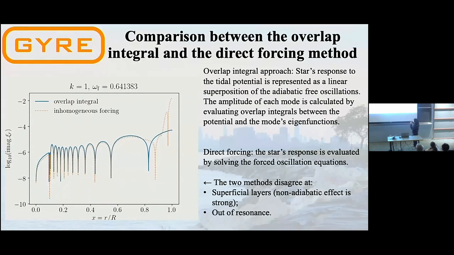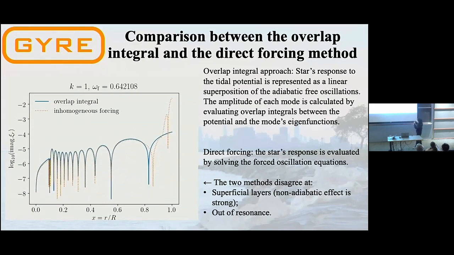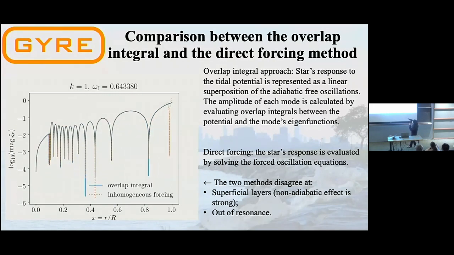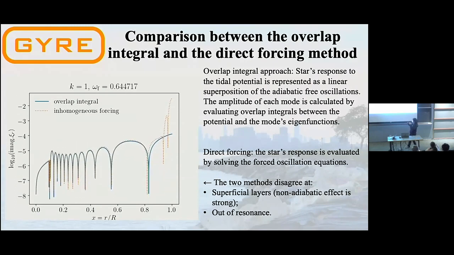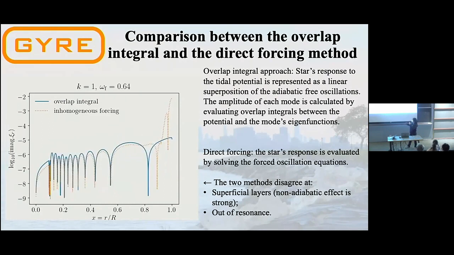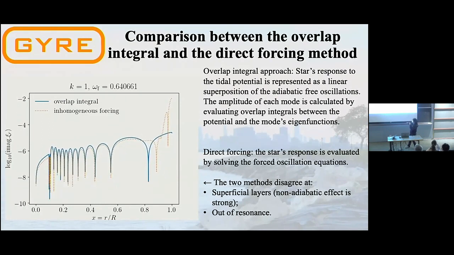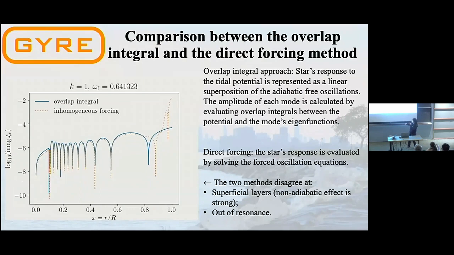Another disagreement between these two methods arises when we force the star near an eigenmode, but not exactly at that frequency, and see how the star responds.